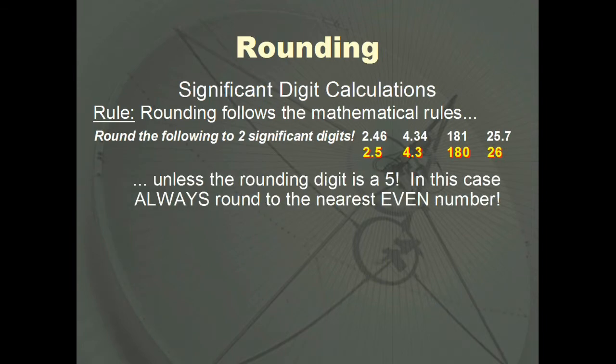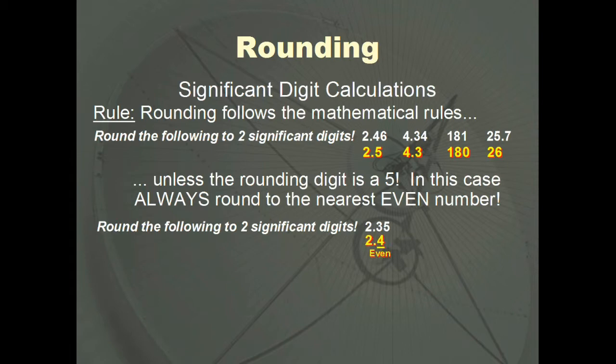Now, there is, however, in using significant digits in measurements, an interesting rounding rule. Unless a rounding digit is a 5, in this case, always round to the nearest even number. Okay, let's try that. Round the following two significant digits, 2.35.